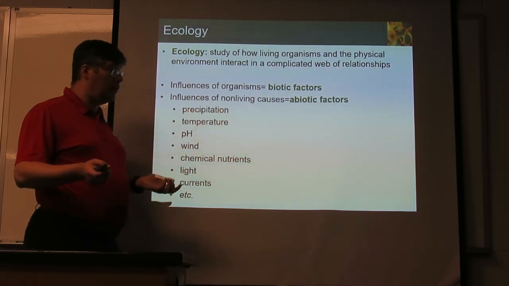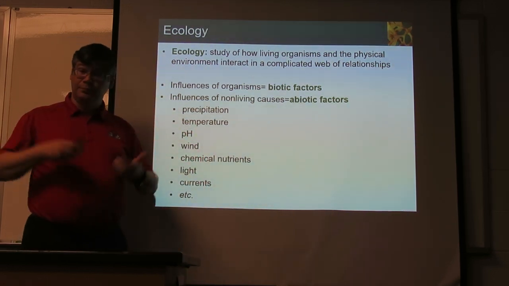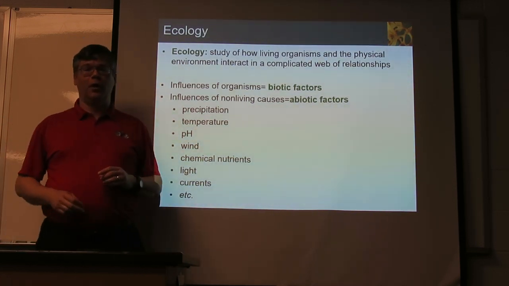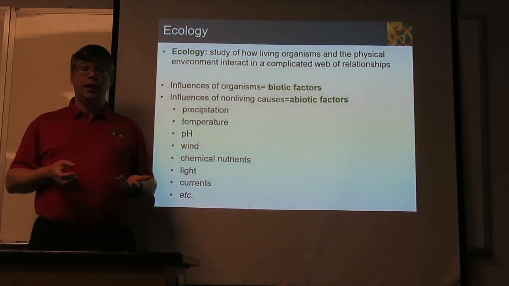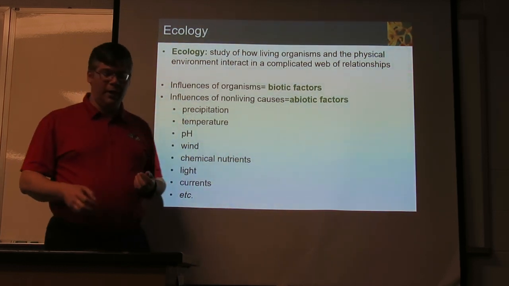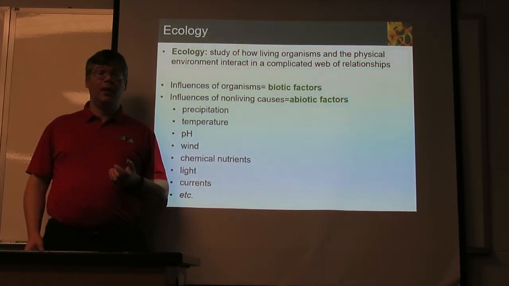Lots of things are important. All these things tend to be important to us. How much water is there around? For example, on land, how much rain and or snow do you get in an area? On the one hand, most of us tend to like being outside more when it's not raining.